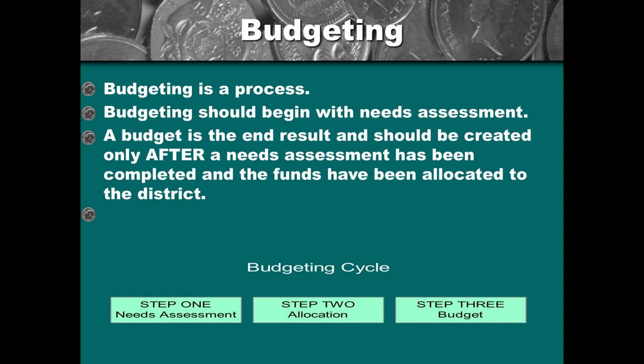And of course, there are a lot of different factors in this. The needs assessment sometimes starts even in October or November of the prior year, and then in January the beginnings of the budget is built. It looks a lot like the prior year budget.